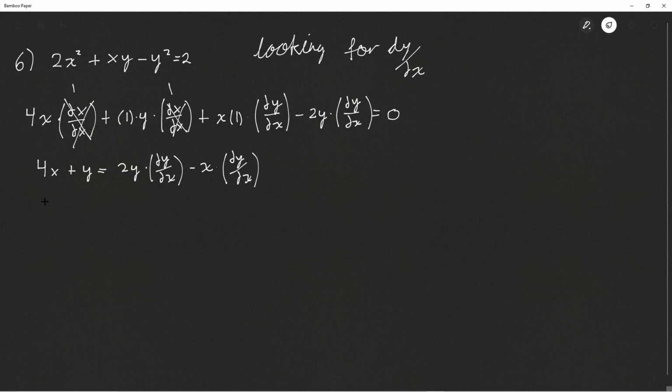So this will just simplify to 4x plus y is equal to (2y minus x) multiplied by dy over dx.